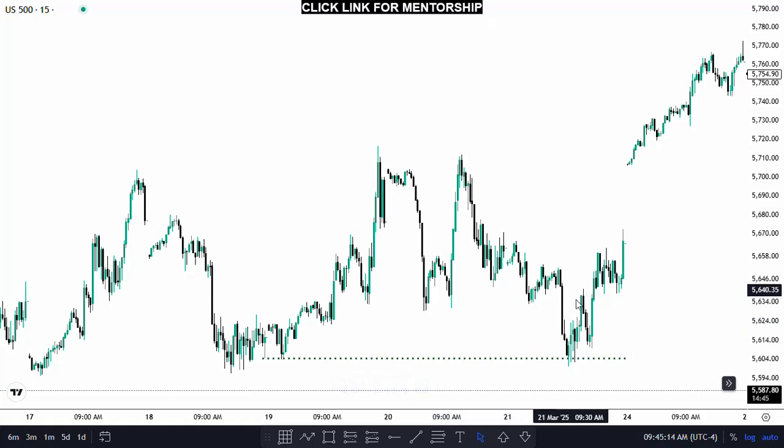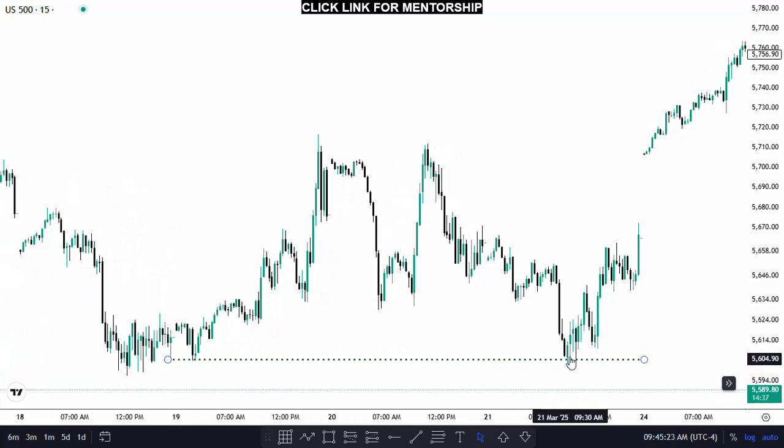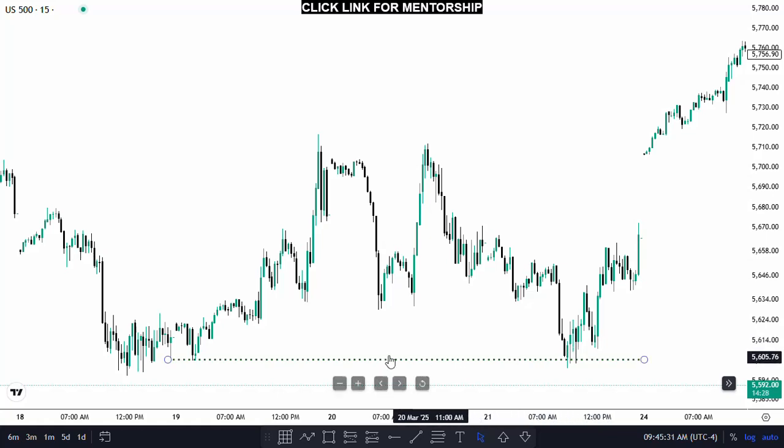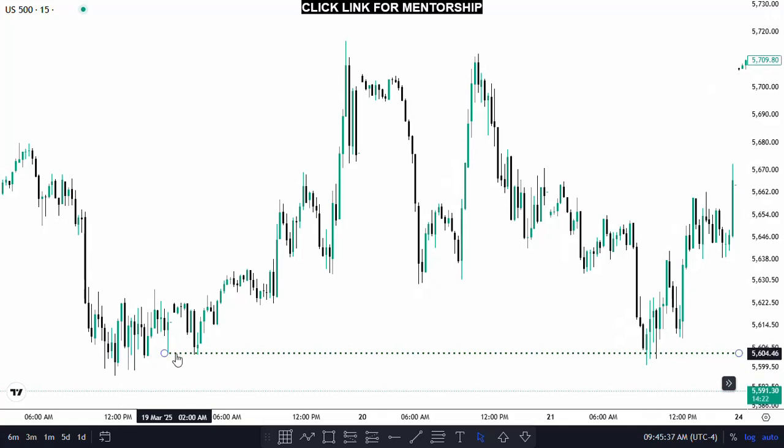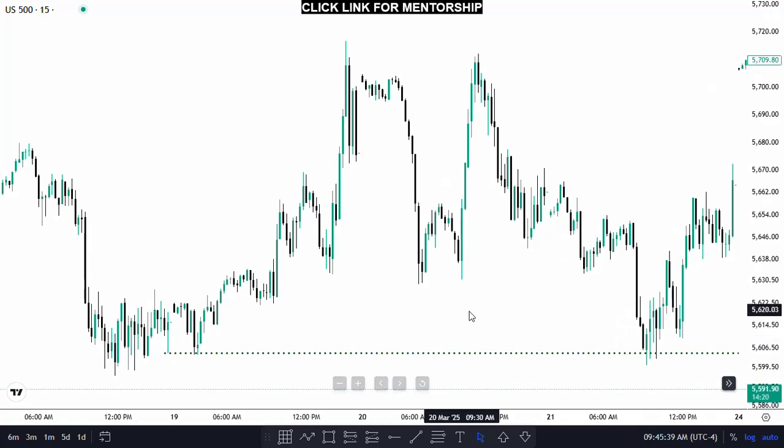Already price has taken out yesterday's daily low liquidity. So when you look at this and pair it also with trading session, this is 9:30, which is the New York session. And when you look to the left here, there were some equal lows. This is sell side liquidity. They are relatively equal lows.